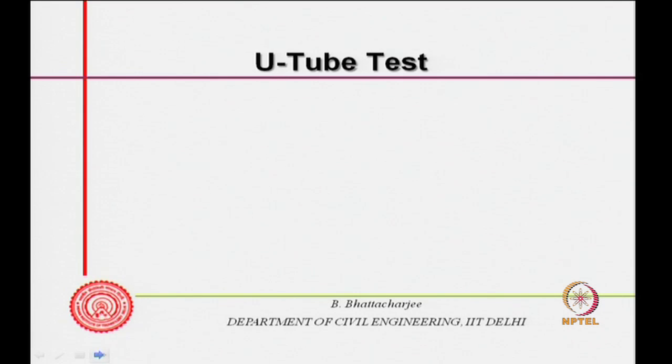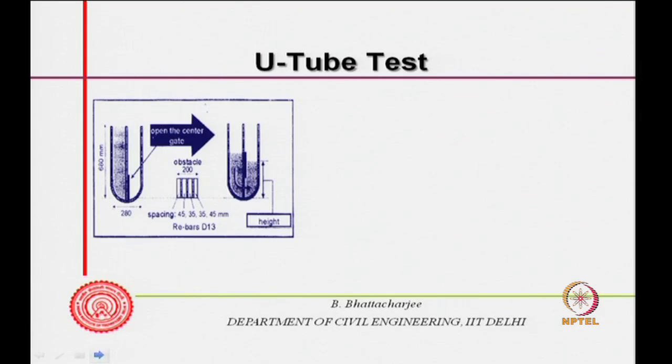How does it look? I have a U tube separated by a barrier, a kind of partition, and there is a gate which I can open. So, I fill in the concrete here first.